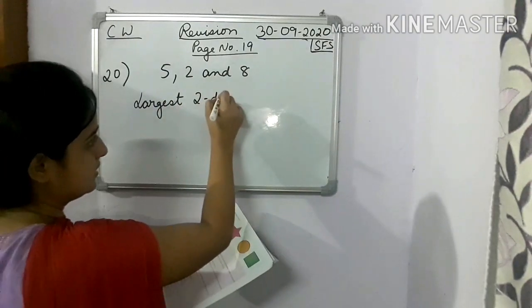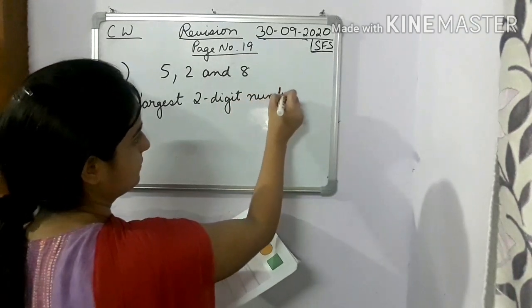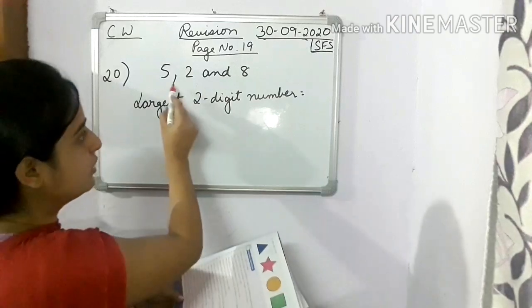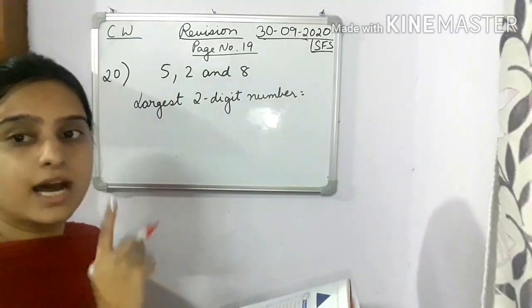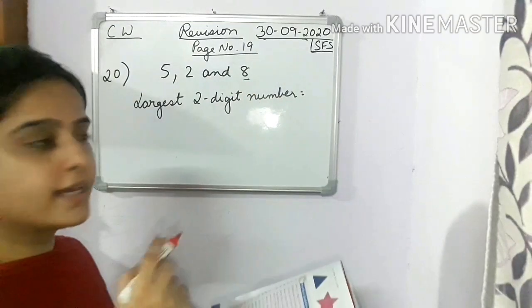So children, we have to find out from these 3 which is the largest number. 8. So the largest number will come.